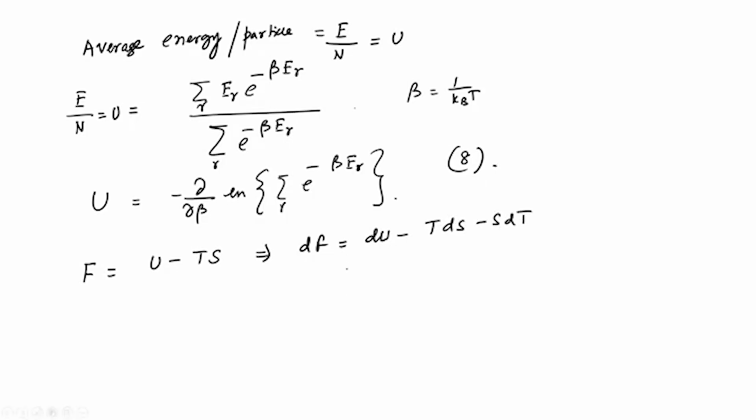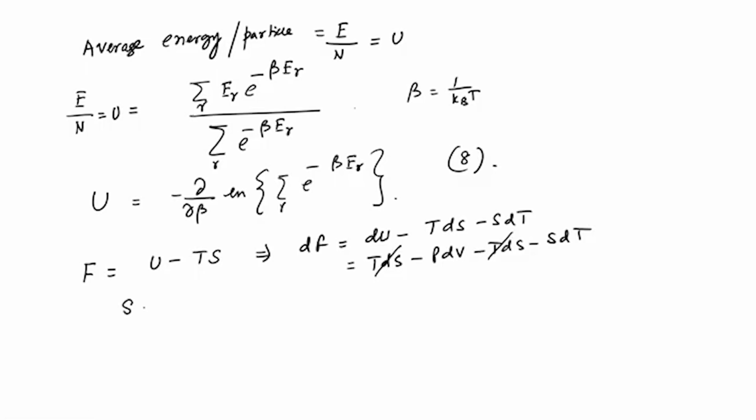Use the first and second law, dU equal to TdS minus PdV, and minus TdS again minus SdT. So, TdS will cancel out and you are left with dF equal to minus PdV minus SdT.